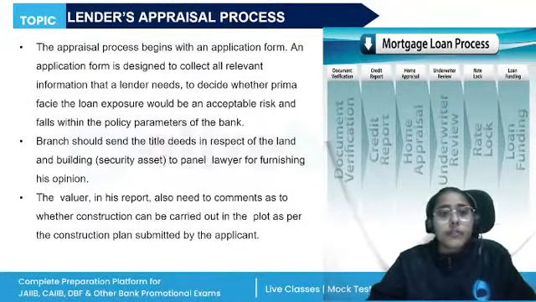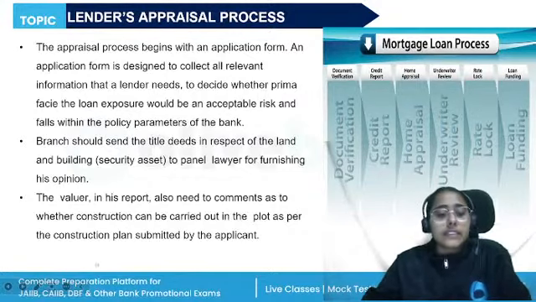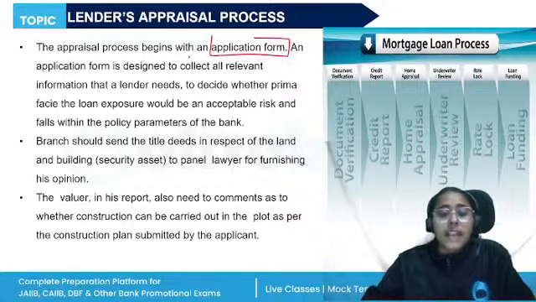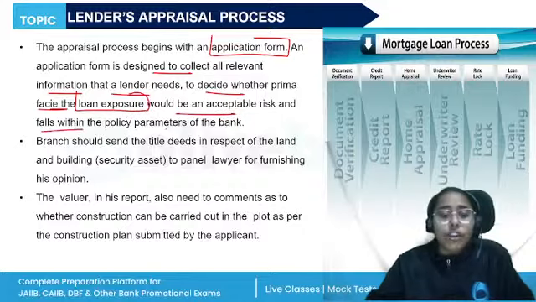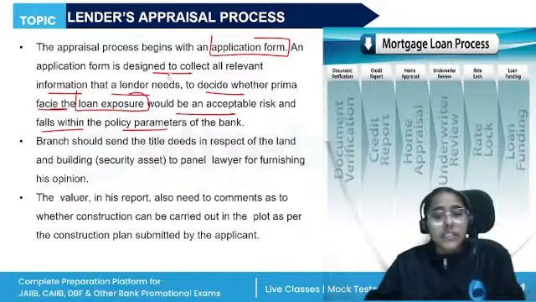When we are talking about the lender's appraisal process, it starts with an application form. An application form is designed to collect all the relevant information that a lender needs to decide whether, prima facie, the loan exposure would be an acceptable risk and falls within the policy parameters of the bank.